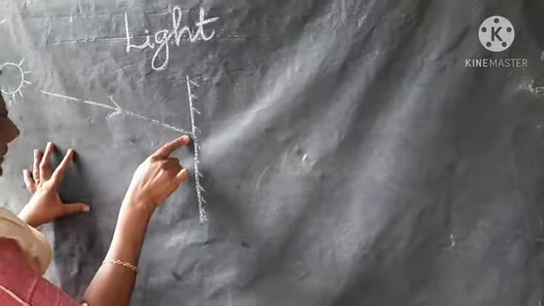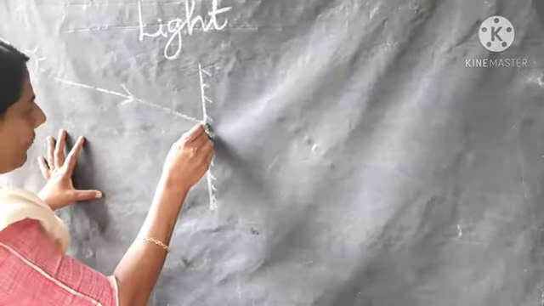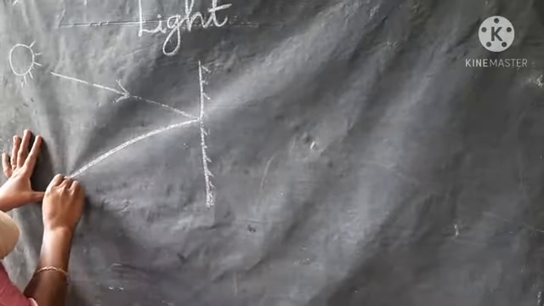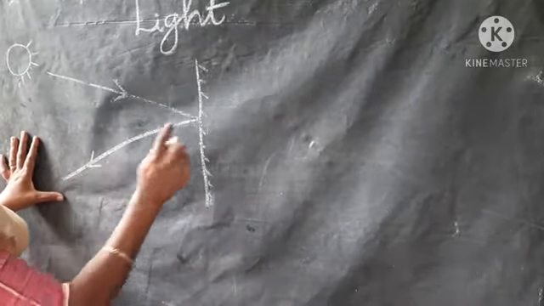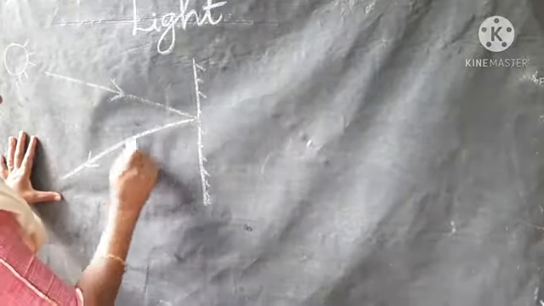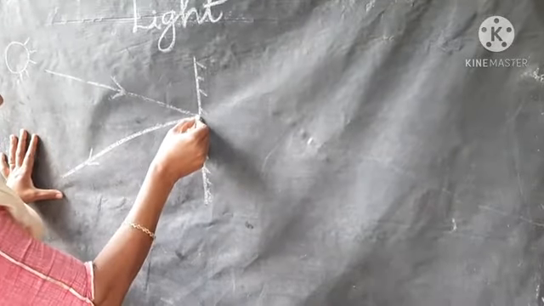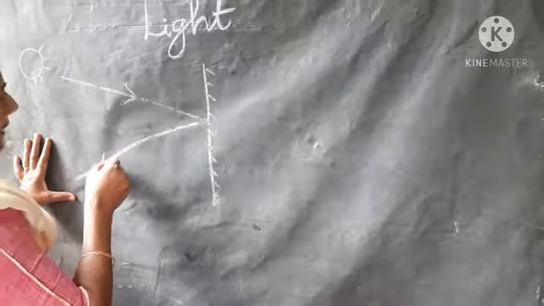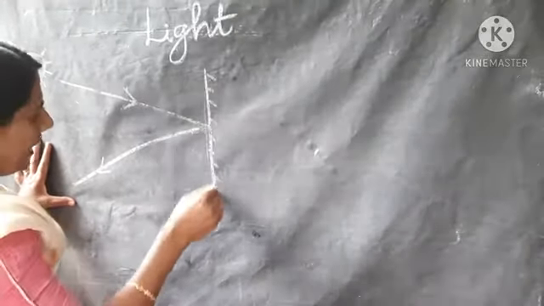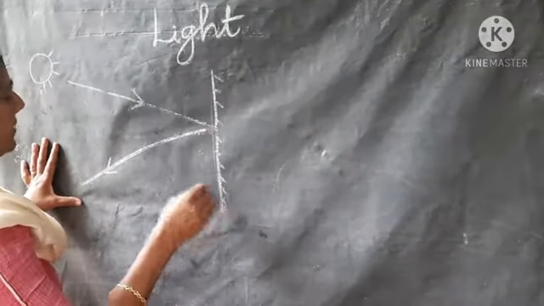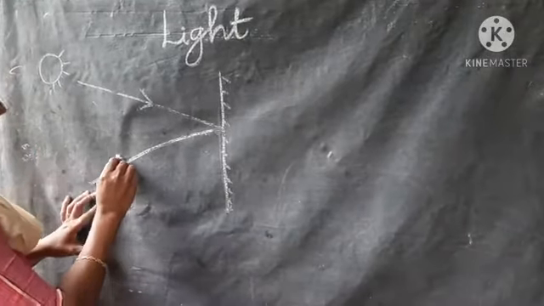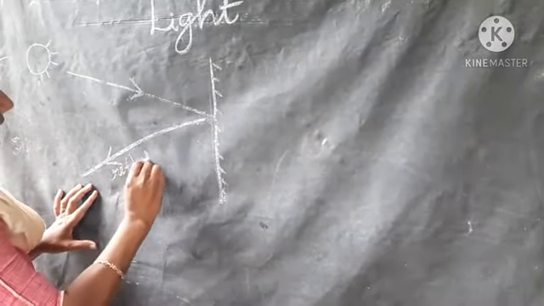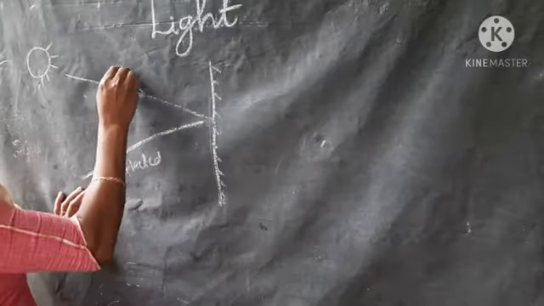Then the ray which comes back from the surface after reflection. So it is a smooth polished surface. The light ray which reflects back after falling on the smooth polished surface is called reflected ray. So this ray is called reflected ray, and this is the incident ray.